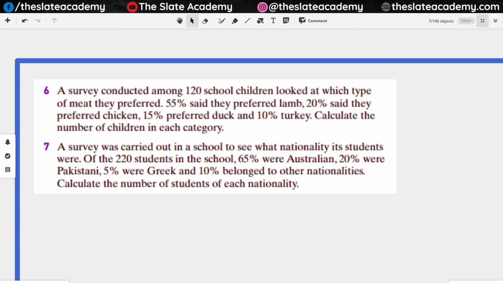55% in decimal form would mean 0.55. So again, there are three ways to do it: either you write 55% multiplied by 120, or you write 0.55 multiplied by 120, or you write 55 over 100 times 120.